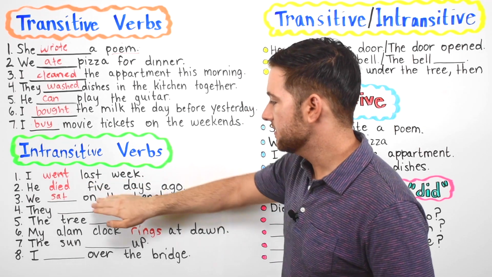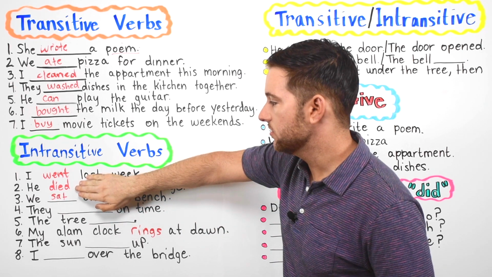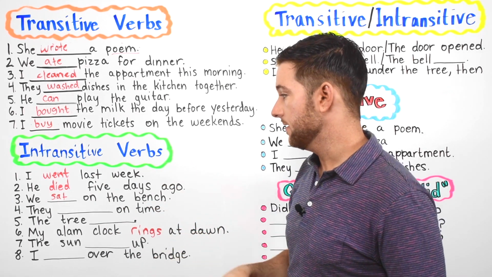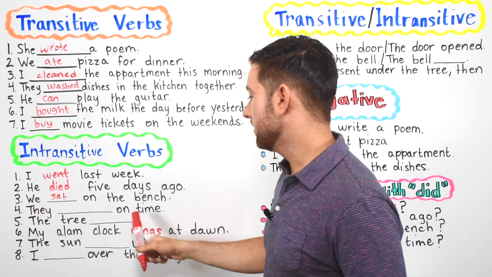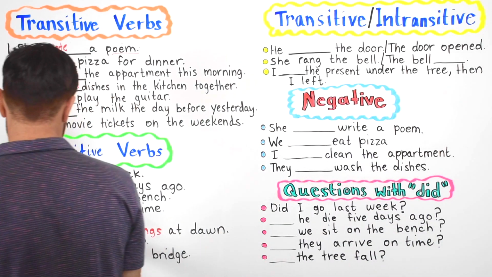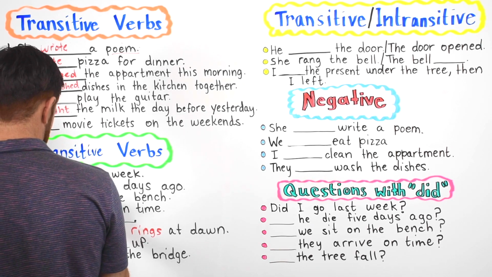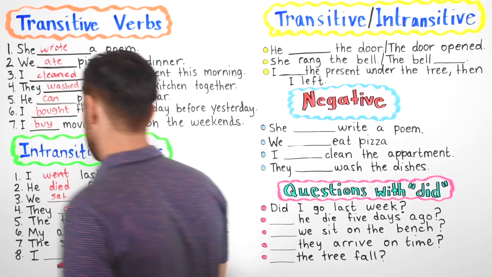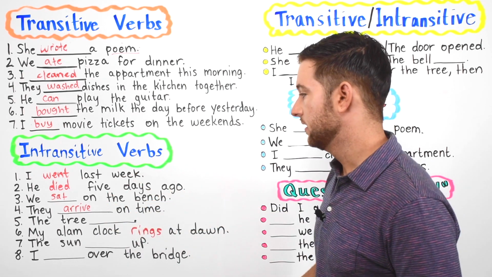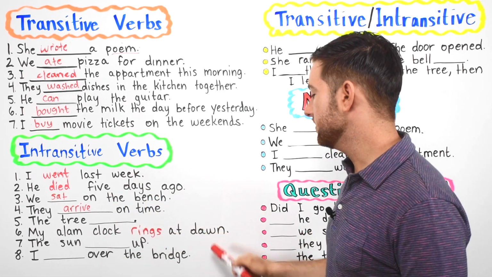He died 5 days ago. You don't have to say 5 days ago. You could just say he died. It makes sense all by itself. Number 4, they blank on time. What happens on time? They arrive on time. You don't have to put on time, you could just say they arrive. Number 6, my alarm clock rings at dawn.